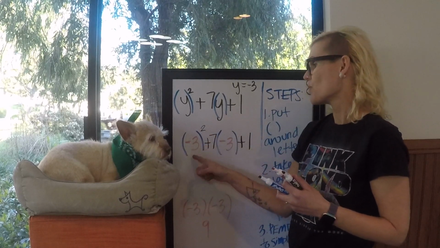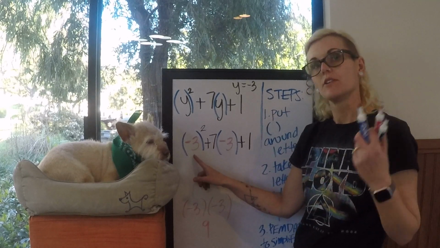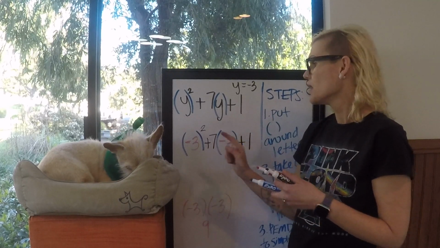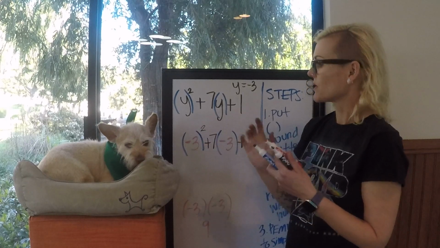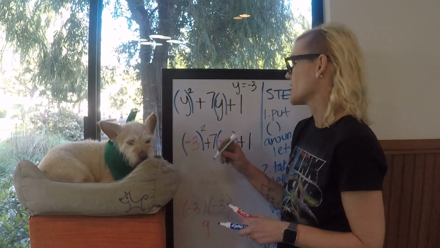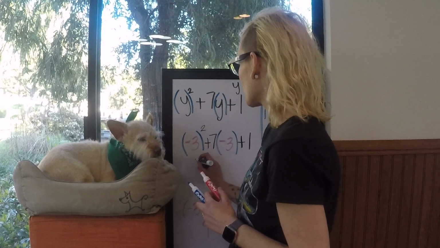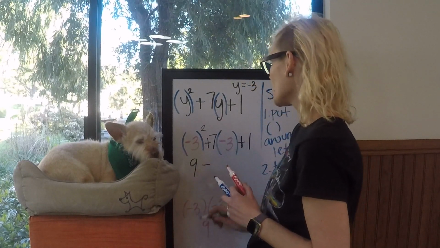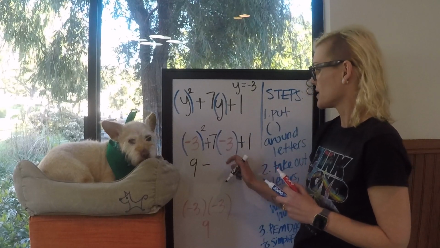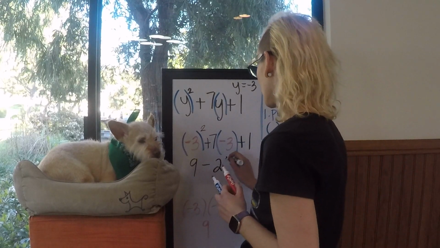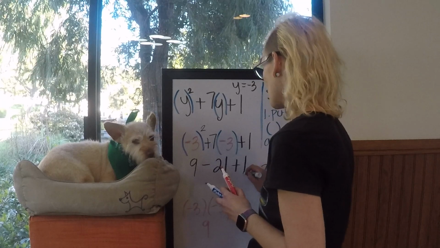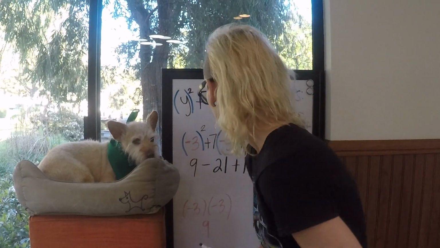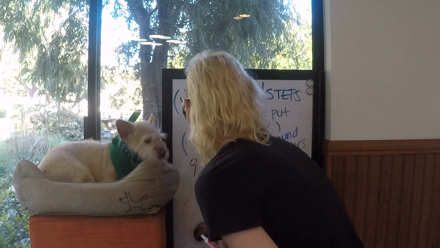And if you want to see more about that, you can look back at the integer videos that I've posted, but you really have to put parentheses around it to get a positive answer. So negative 3 squared is 9. Negative times a negative is a positive. Minus, positive times a negative is a negative, plus 1.